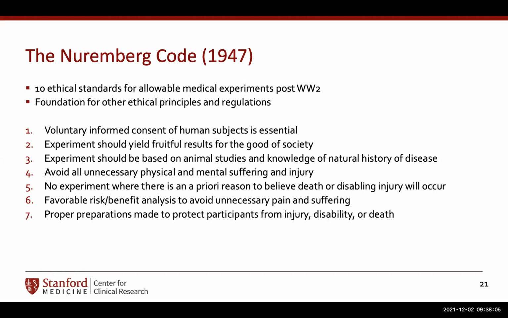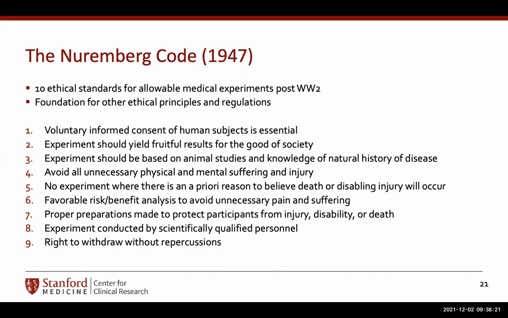Proper preparations must be made to protect participants from injury, disability, or death. The experiment must be conducted by scientifically qualified personnel. Participants have the right to withdraw without restrictions, and the scientists must be prepared to terminate the study at any time, obviously, if there are any safety issues related to the experiment.